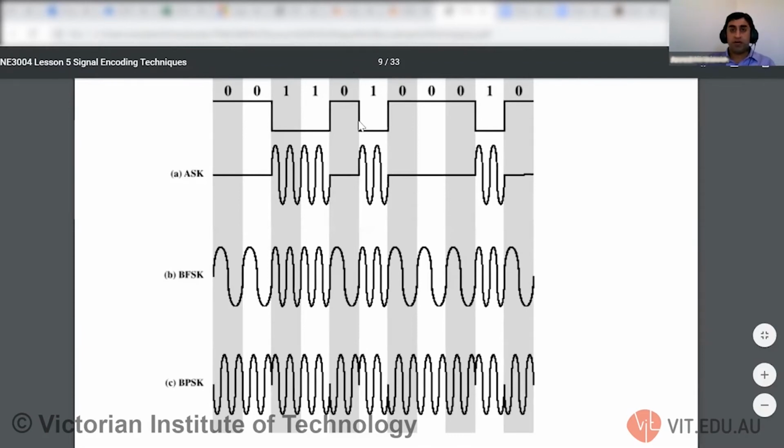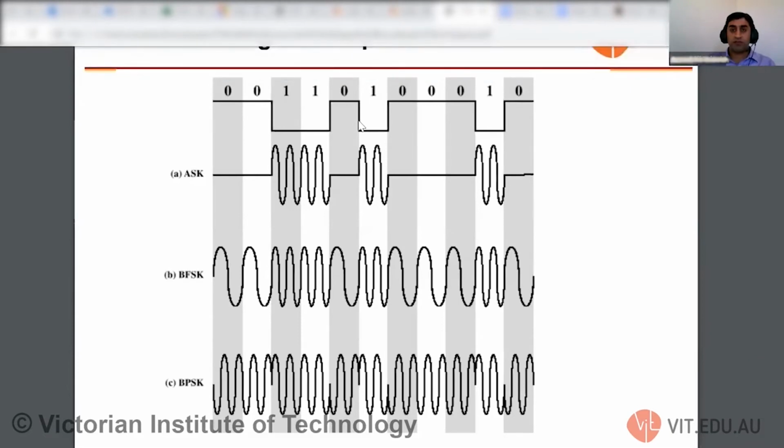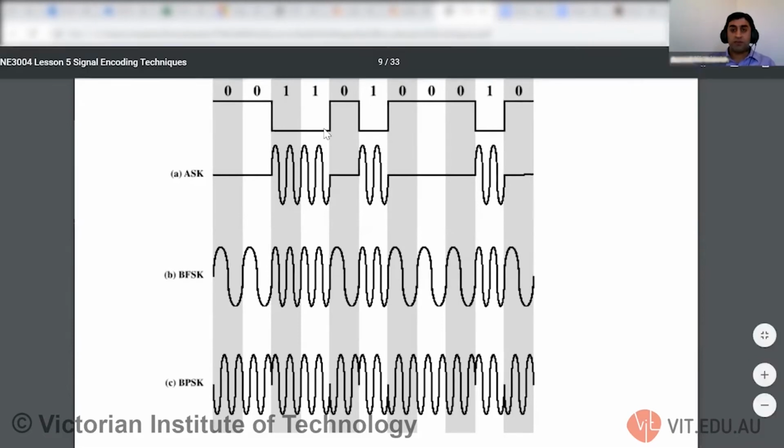When we go back to the 0, it goes up again, and when it's 1 it goes down, and for the zeros it remains the same, and for 1 it goes down, and for the 0 it goes up.